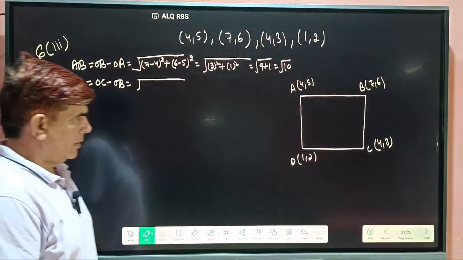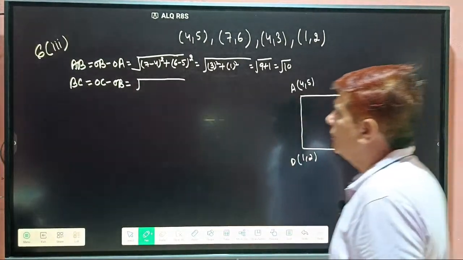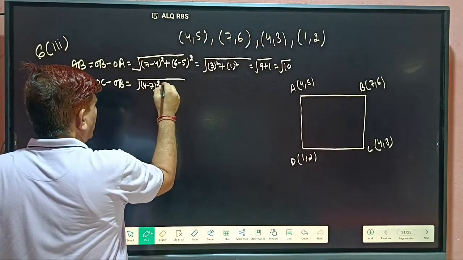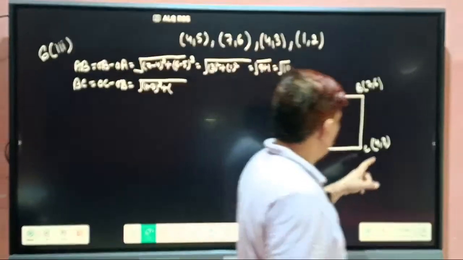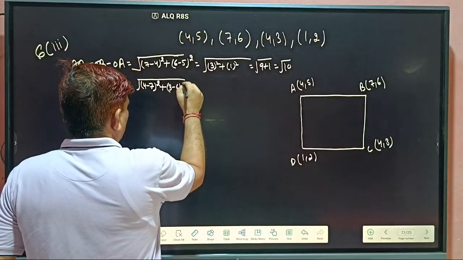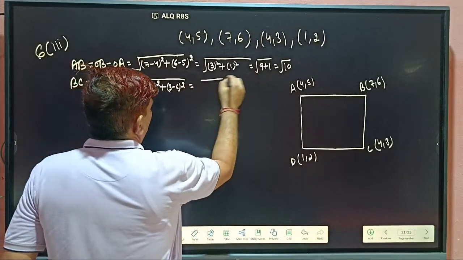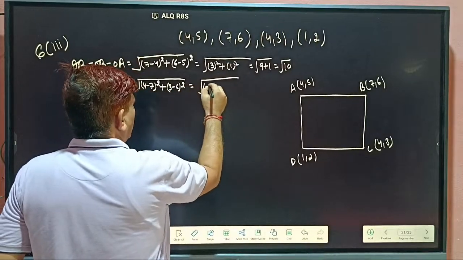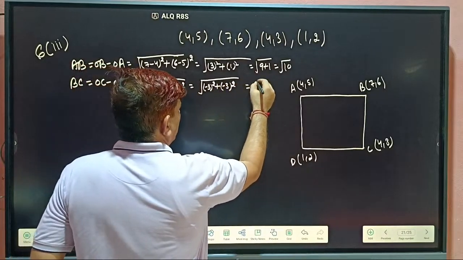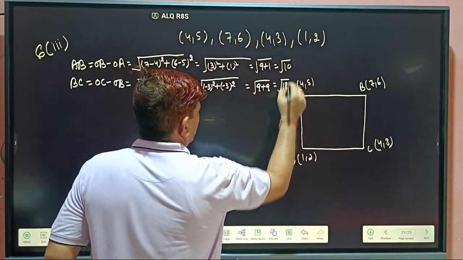So BC is this: 4 is the x coordinate of C, minus 7, 4 minus 7 whole square, plus 3 minus 6 whole square, is equal to minus 3 square plus minus 3 square, is equal to 9 plus 9, is equal to under root 18.